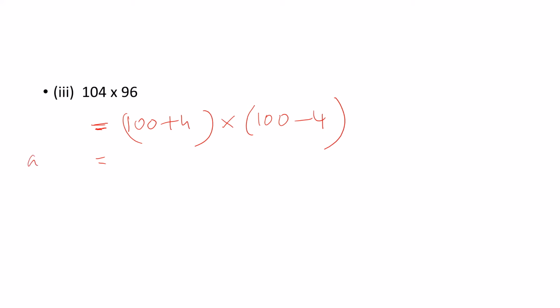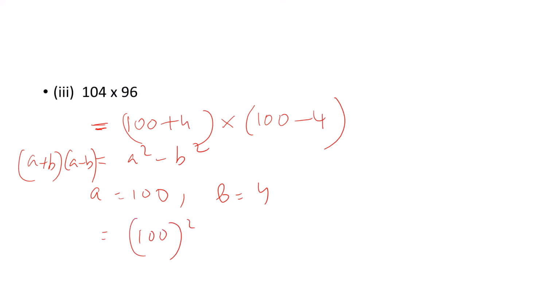And we know that (a plus b) into (a minus b) is equal to a square minus b square. So a is 100 and b is 4. So a square minus b square will be 100 square minus 4 square, and therefore you will get 10000 minus 16, and that will be 9984.